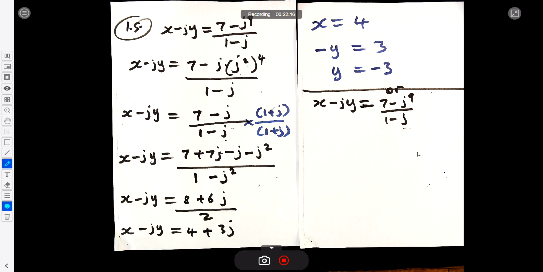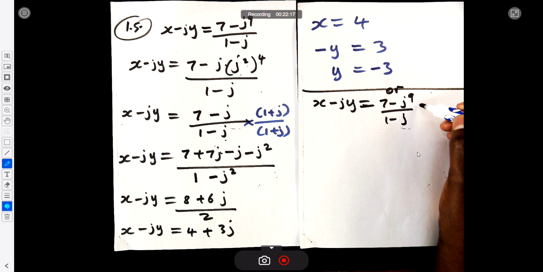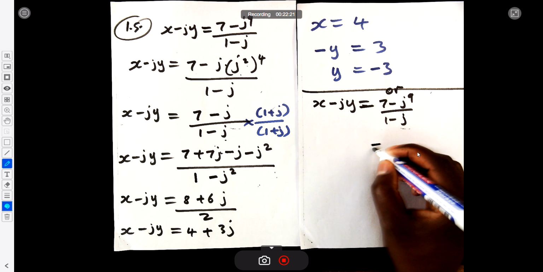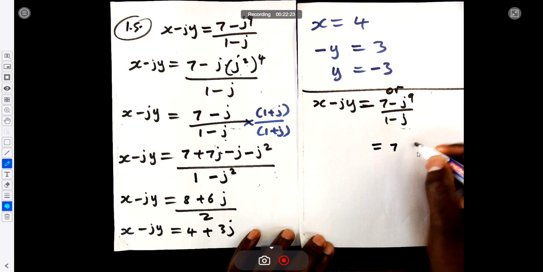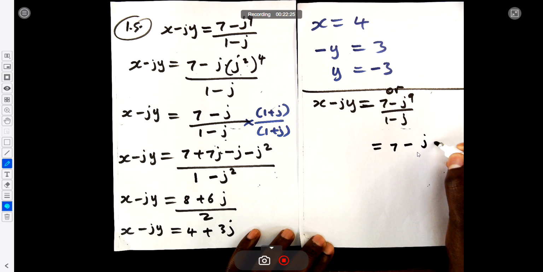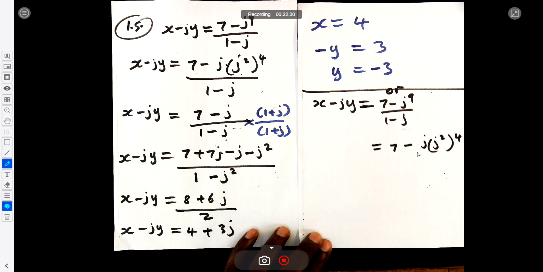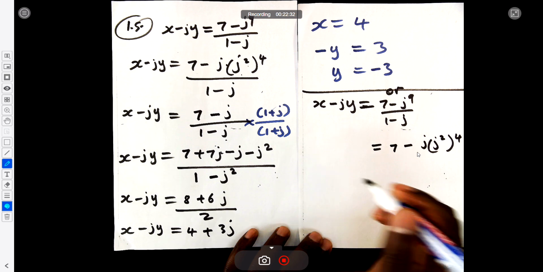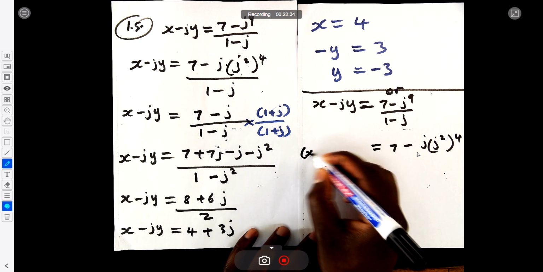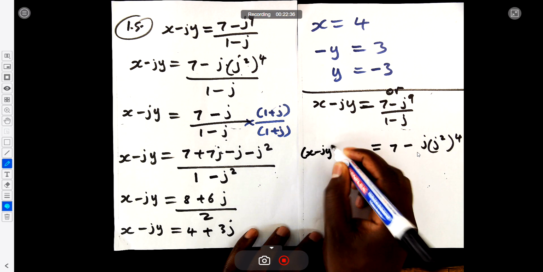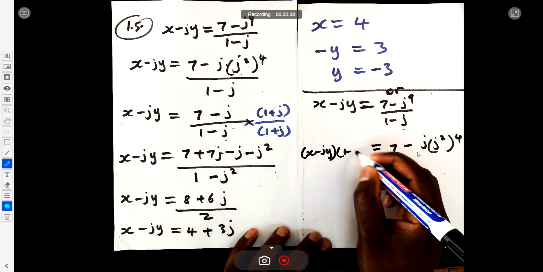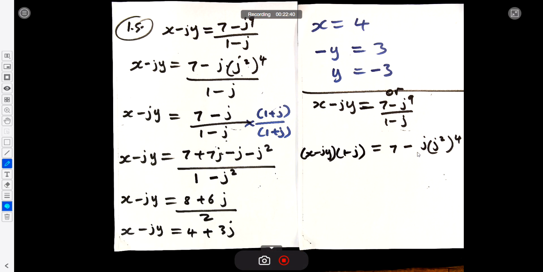If we multiply by 1 minus j on this side, I hope you see it divides, we'll be left with 7 minus j. But when you multiply on the other side, let me express it here. If we multiply by 1 minus j, we'll have that.